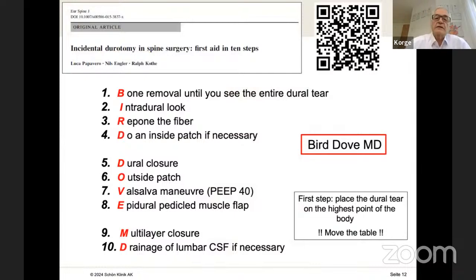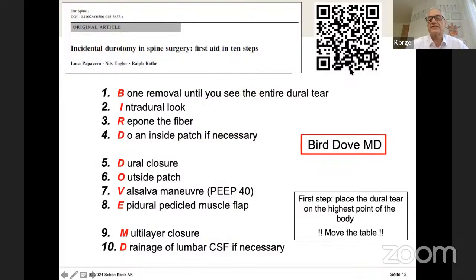So there is one paper which, from my point of view, especially for younger surgeons, is like a cookbook: this paper from Luca Papavero about incidental durotomy in spine surgery, first aid in 10 steps. In the important papers, I put the QR code there.